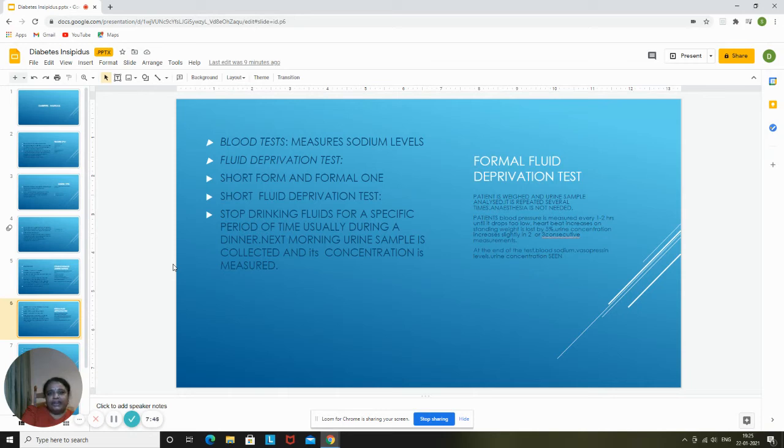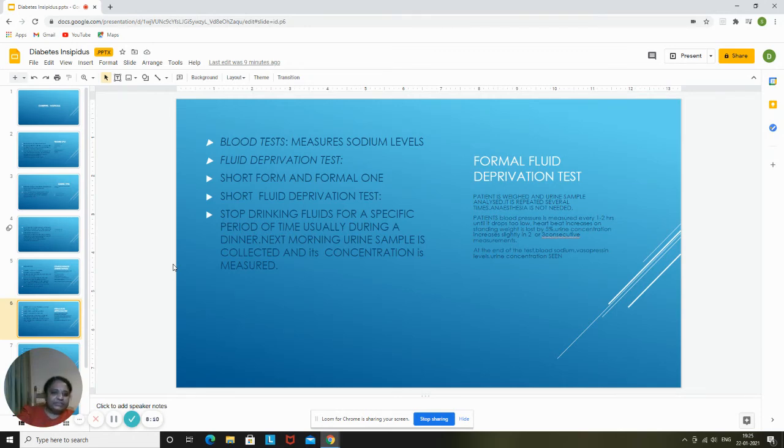Next morning, the patient will get up and the urine sample is collected and its concentration is measured. Another variant of fluid deprivation test is the formal fluid deprivation test. So the patient is weighed and the urine sample analyzed. It is repeated several times, and anesthesia in this case is not needed.